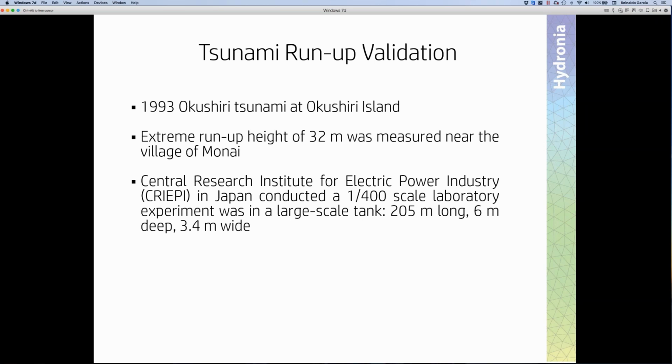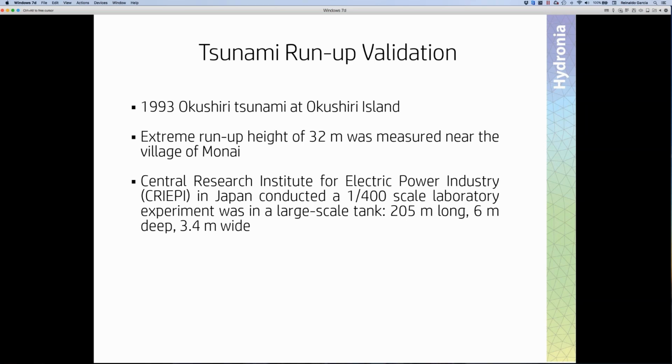But more importantly, there was an effort to recreate the event using a scale lab experiment. And this was done also in Japan in a large scale tank. It's a 200 meter long tank. So it's a massive tank.